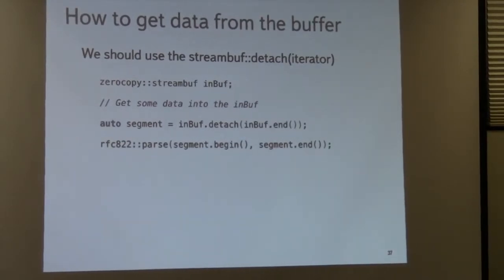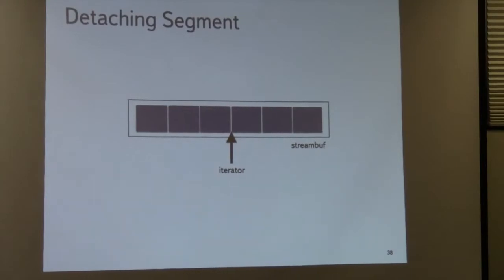Well, let's look how it works. We have some stream buffer with a number of fragments, and we have the iterator. It's pretty simple. We will split it.